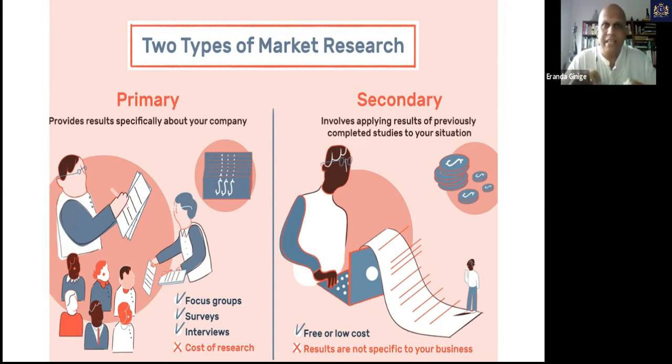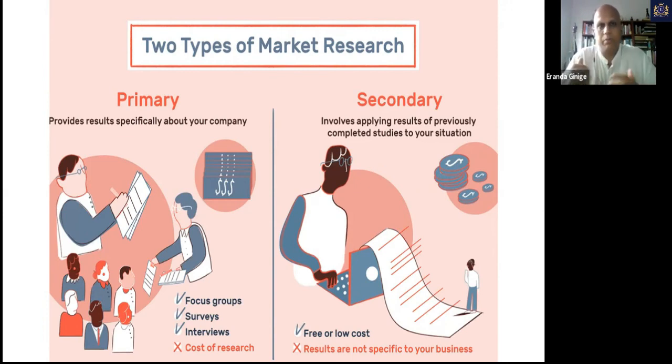For example, if you take secondary research, we might not be getting first-hand, up-to-date information, and that information might not be true. So there are various implications of using secondary data.